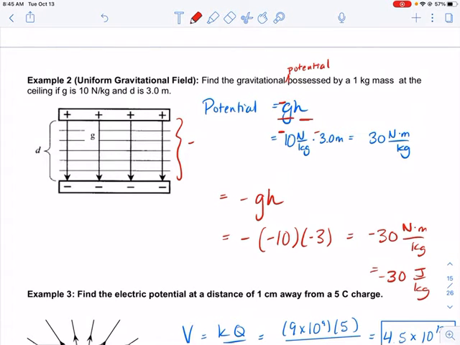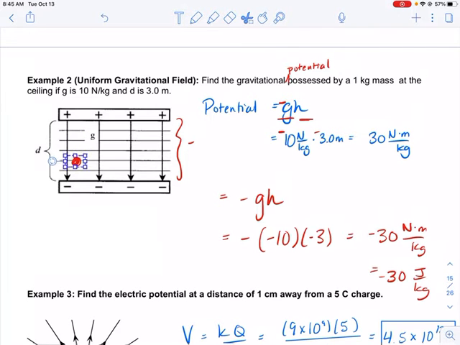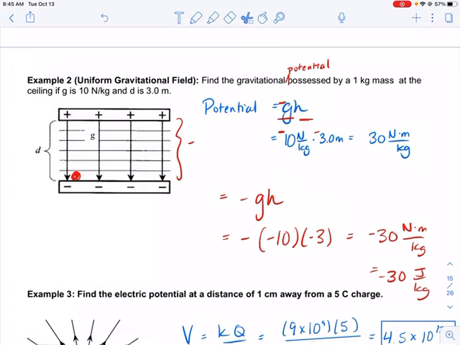What this means is if I change an object's position, so if it's at the ceiling and I let it fall to the floor, that object is going to lose 30 joules of energy per kilogram of mass.